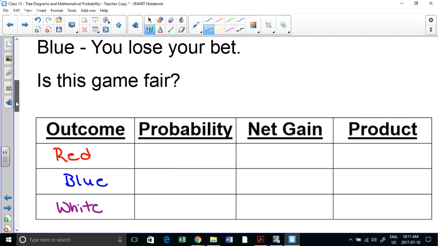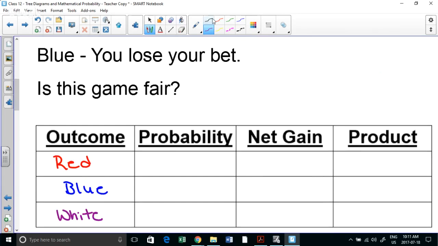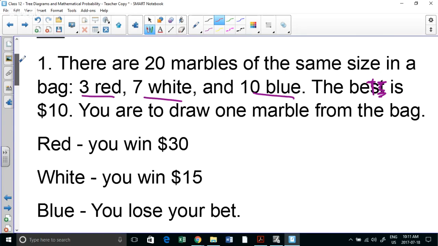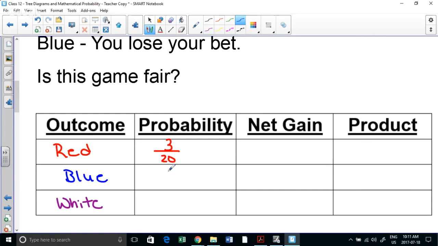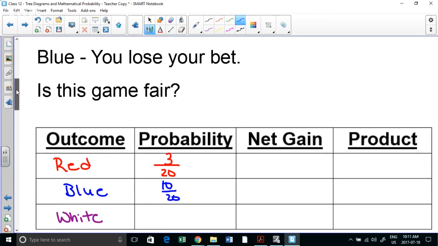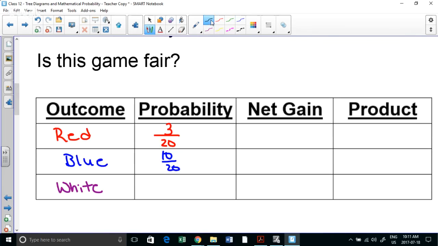What is the probability of me getting a red? Well, there are 3 red and 20 marbles. So the probability is 3 over 20. The probability of me getting a blue is 10 over 20. And the probability of me getting a white is 7 over 20.